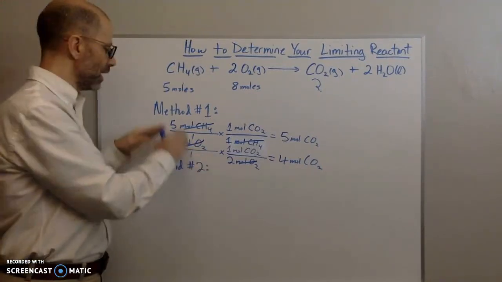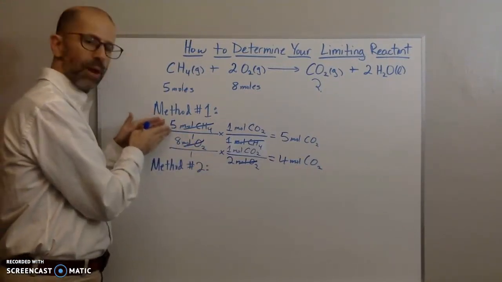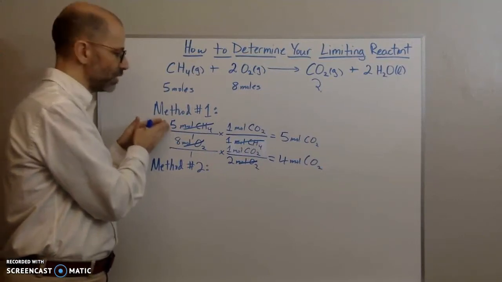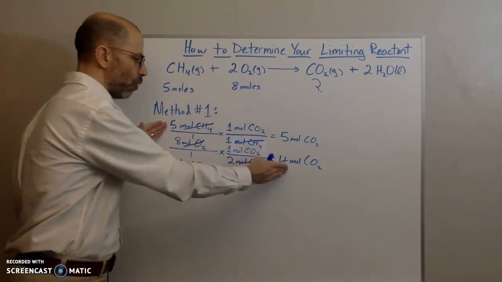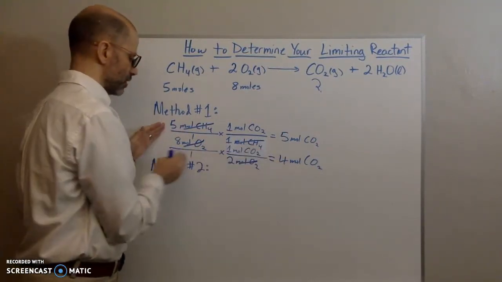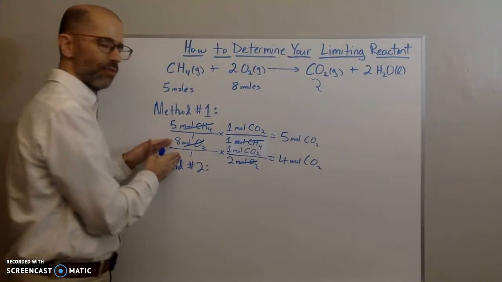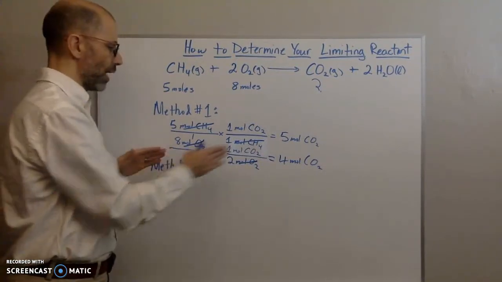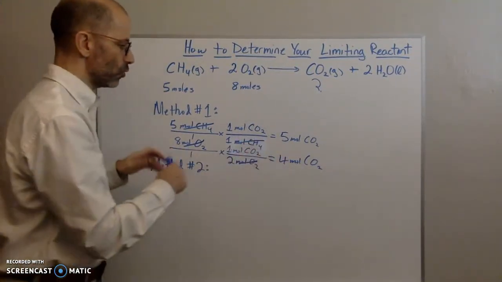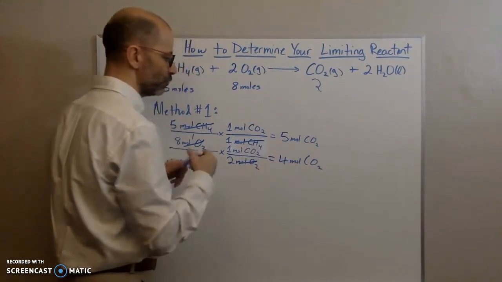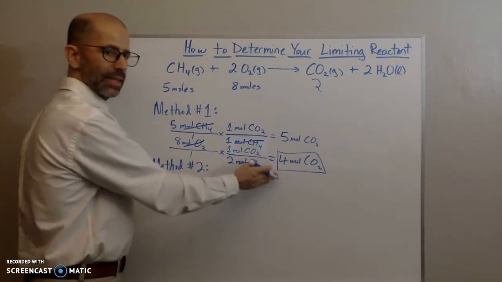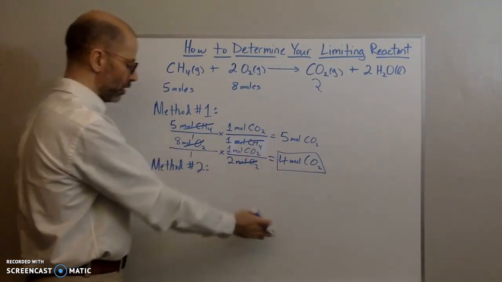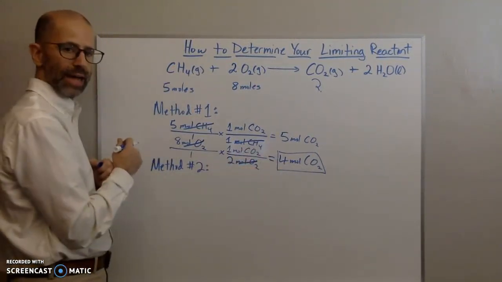I will have methane left over because I have enough methane to make 5. But when I make 4, the reaction stops because I run out of oxygen. I have no more oxygen, so I stop at 4. Since the least number here is 4, the reactant that gave me the lesser number is the reactant that's limiting.